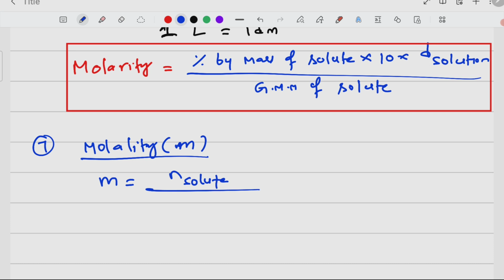Here no difference, but see the denominator: it is mass of solvent in kg. Which mass? Given mass, not molecular mass. Or if any doubt, write here weight of solvent in kg.